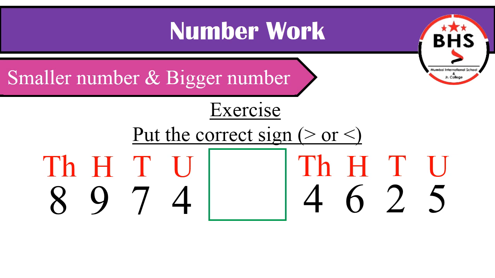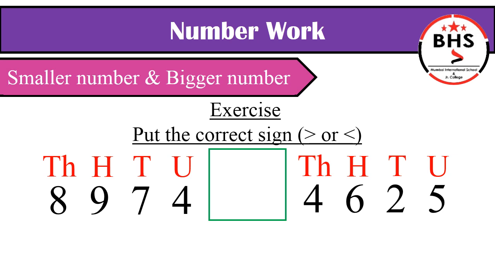So to identify which is the bigger number, we'll compare the digits which are at the thousands place in both the numbers. In 8,974, 8 is at the thousands place. And in 4,625, 4 is at the thousands place.